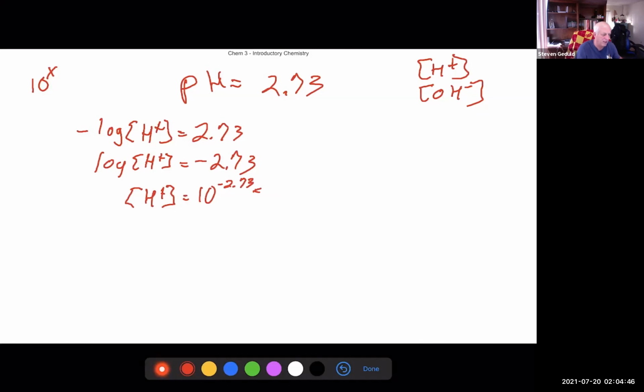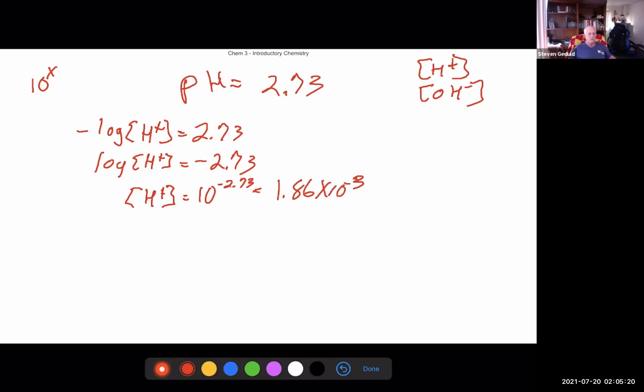So on your calculator, how you would hit it, go to your scientific notation. You would enter 2.73, hit the plus/minus sign to switch the sign to negative, and hit the inverse log, which is 10 to the x, and that comes out to 1.86 times 10 to the negative 3.